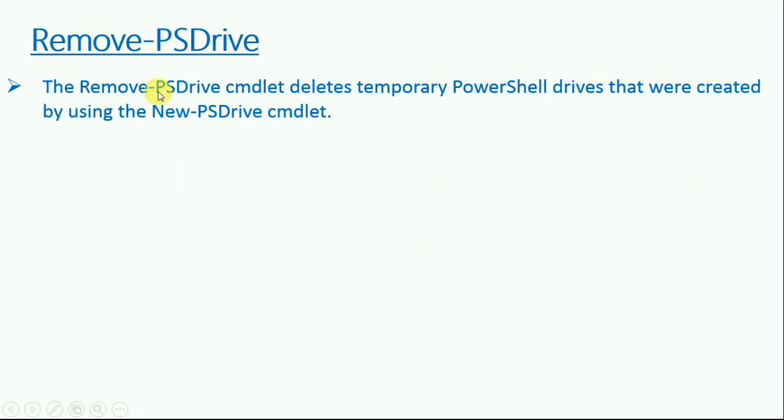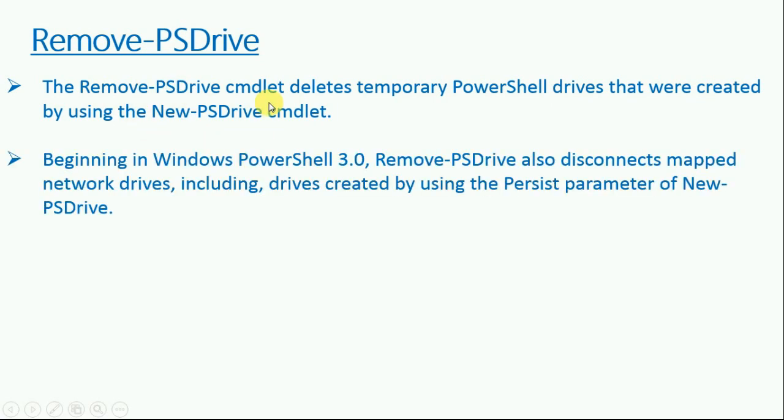And at last, if I want to remove any PS drive, we have to use this cmdlet called Remove-PSDrive. What Remove-PSDrive does is delete temporary PowerShell drives, including drives which we have created using this cmdlet called New-PSDrive.